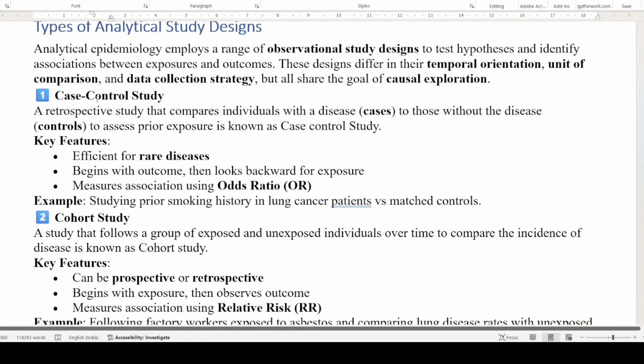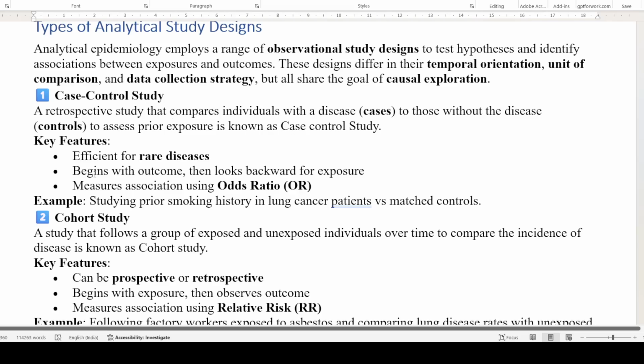So what is a case control study? A case control study means we are comparing the cases to those without the disease, the control group. So that is a case control study.